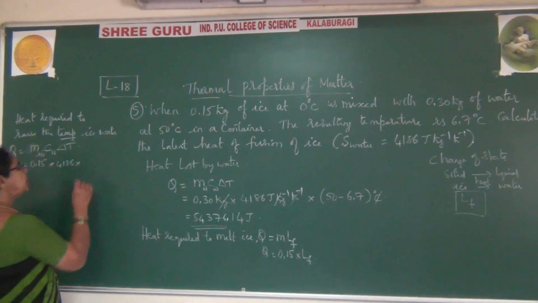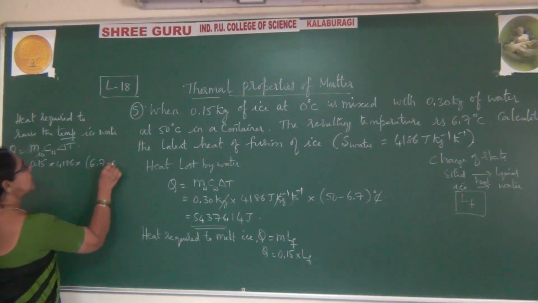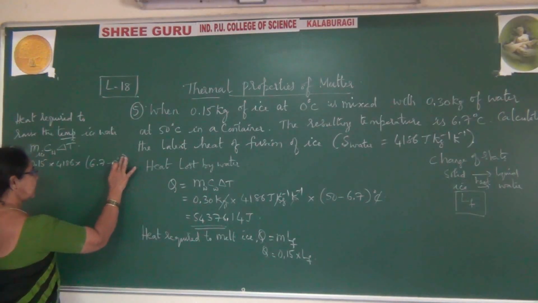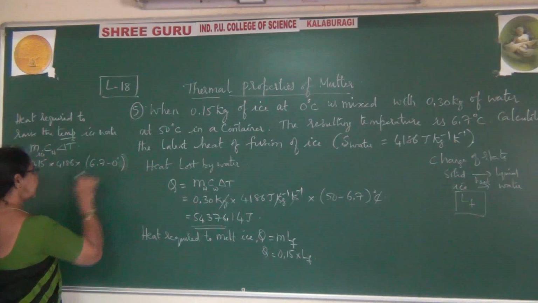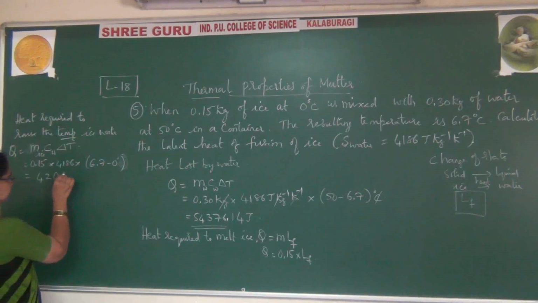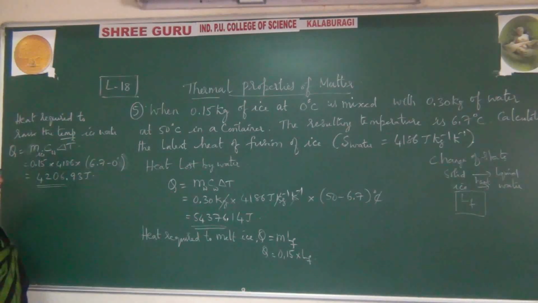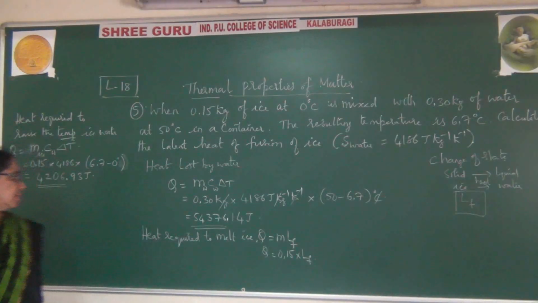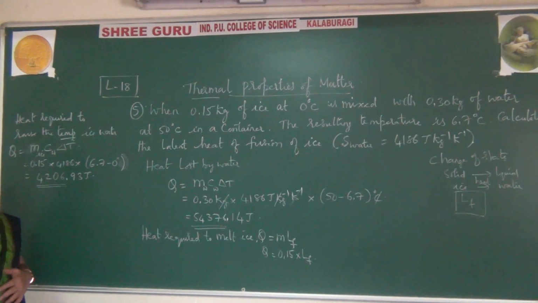So let me write it as 6.7 minus 0 degrees centigrade. Now if you multiply, you get 4206.93 joules. It's a very big number. This is the heat required to raise the temperature of the ice water.